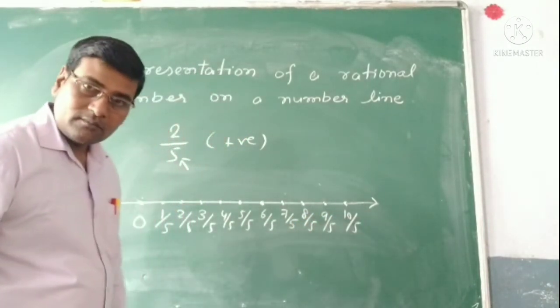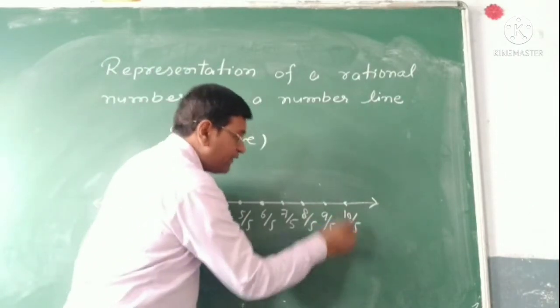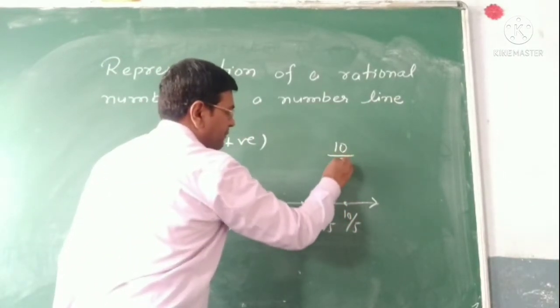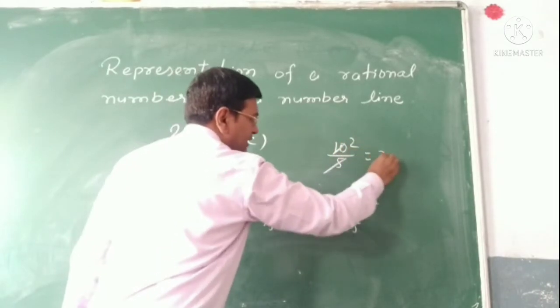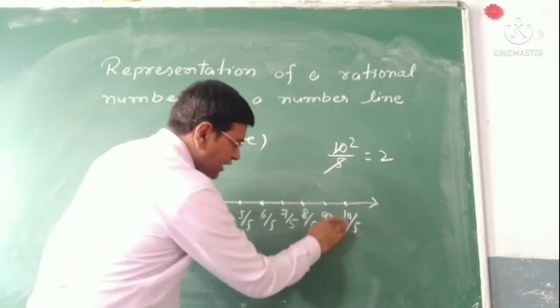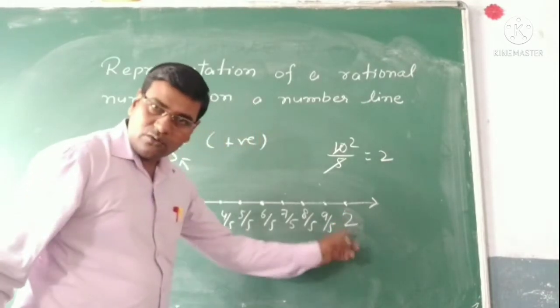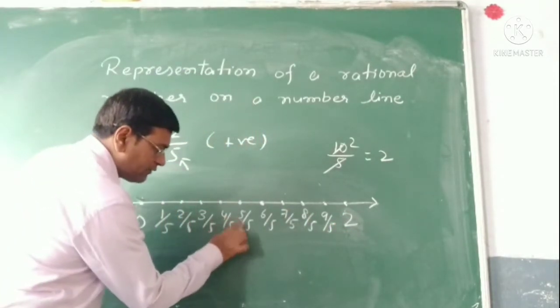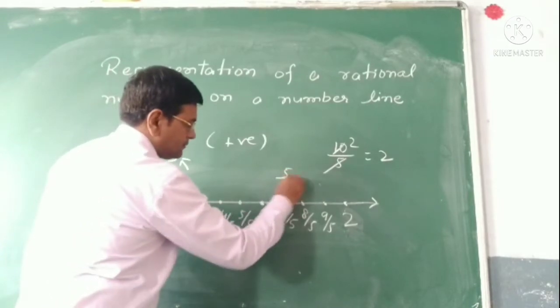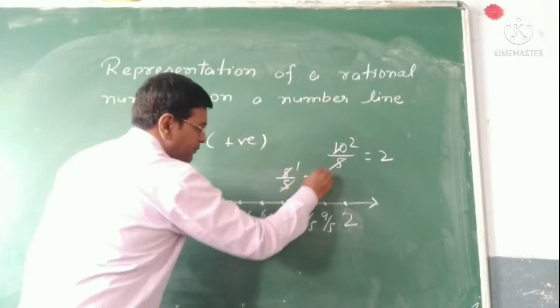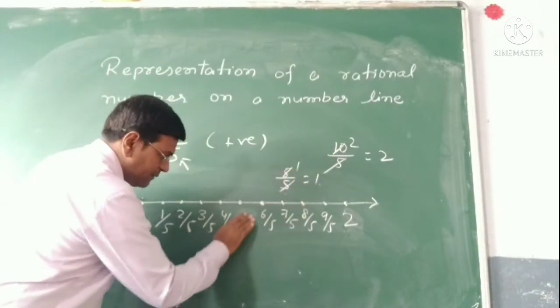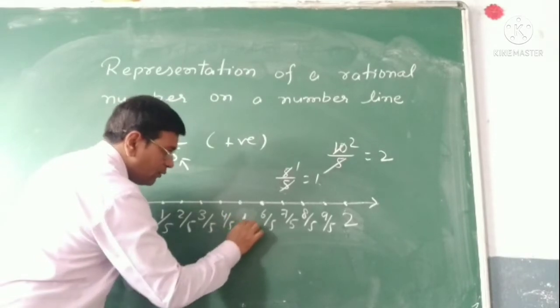Okay? Now, 10 by 5. Look here, 10 by 5. 5 1 ja, 5 2 ja. That means 2. 10 by 5 represents 2. So, write here 2. Now, here 5 by 5. 5 1 ja, 5. 1. That means 5 by 5 represents 1.